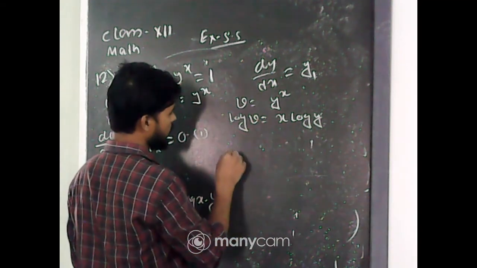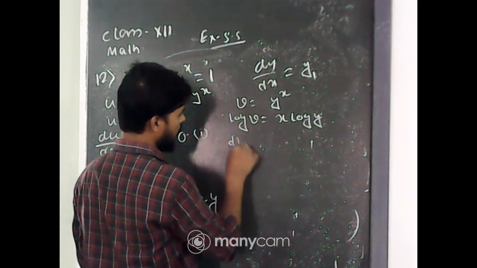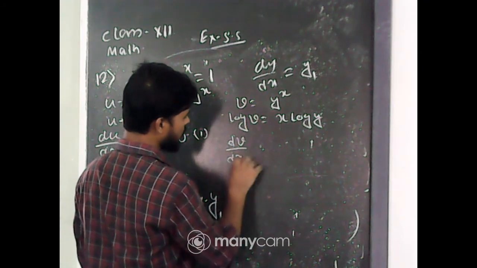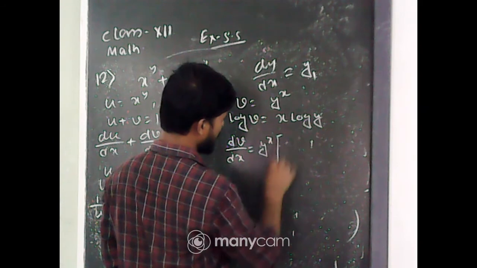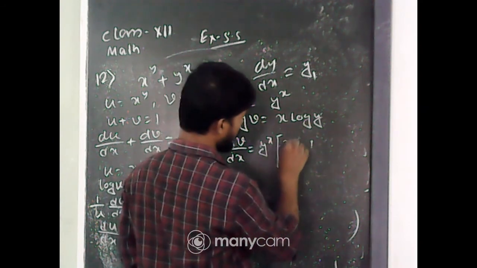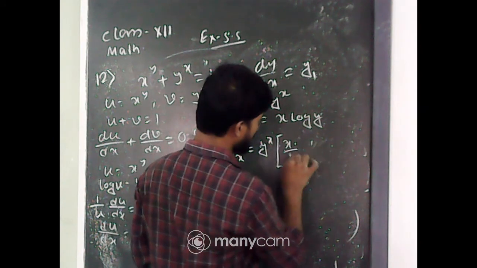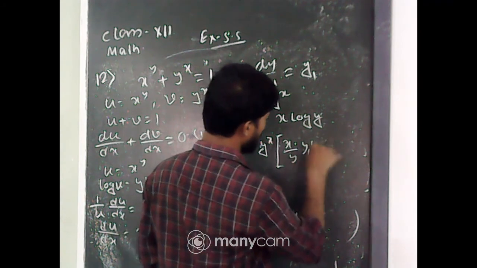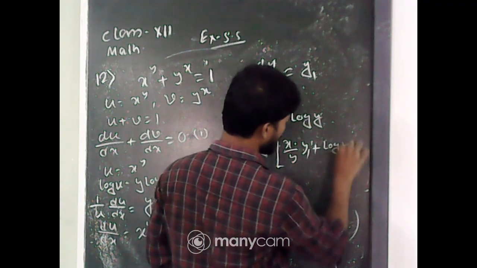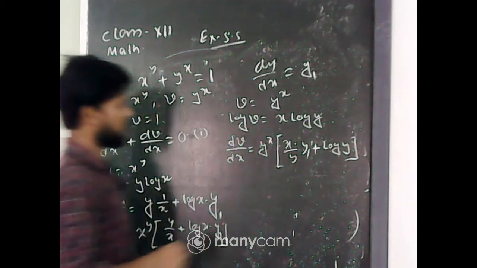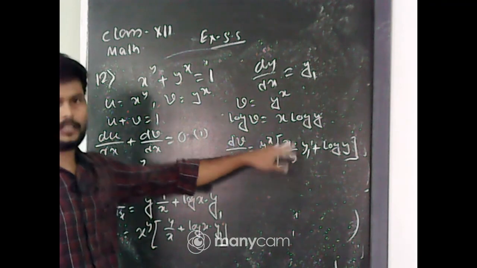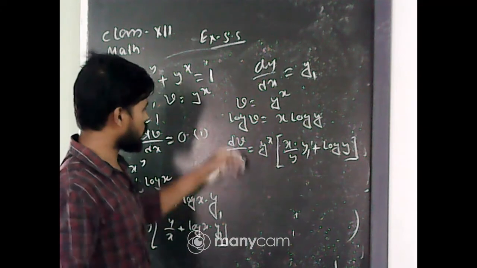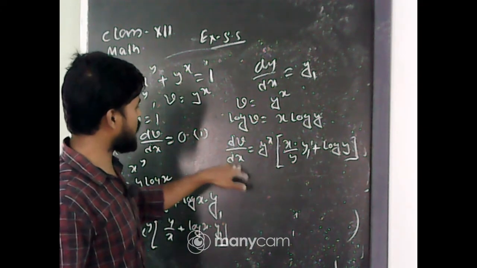Differentiating with respect to x, we have dv/dx is equal to y to the power x into the first function into the derivative of the second function plus the second function into the derivative of the first function. I have given a few steps jump here, but that will be the value of dv/dx.